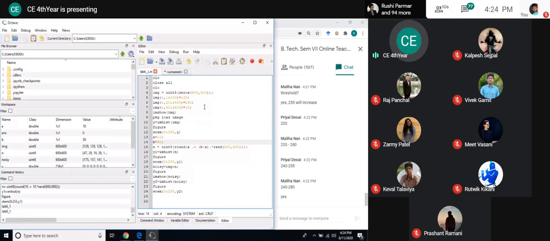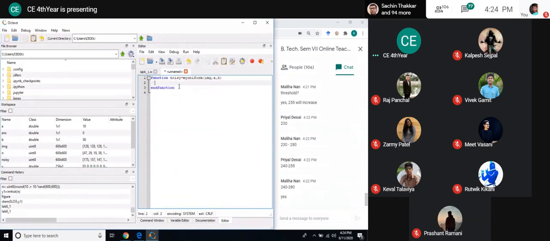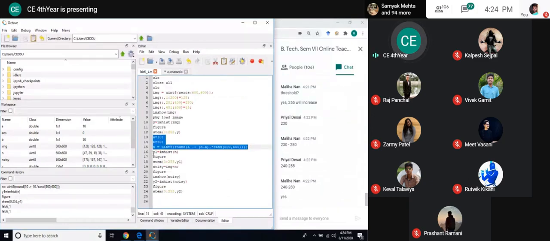So now which lines should I copy? This is the synthesis of my image, so I should not copy that. Okay, I should just take this. And in case, what we can have here is my noisy image.